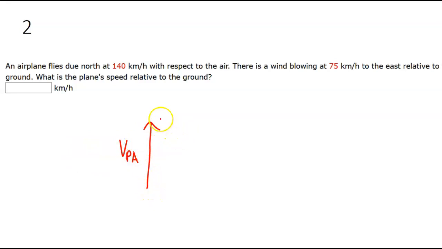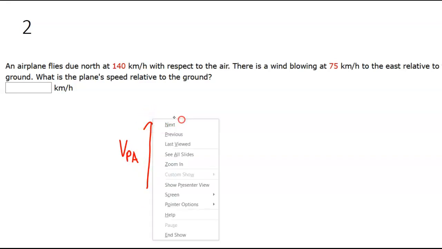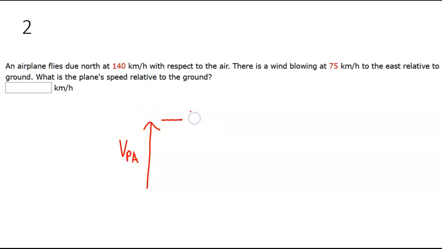Anytime we're talking about wind, wind is always going to be describing the motion of the air relative to the ground. So as you can imagine, if this plane flies north while the wind is blowing, I'm going to end up watching this plane head off somewhere in this northeast direction.